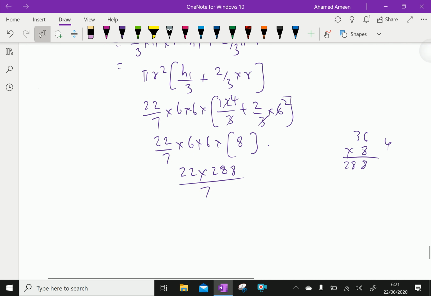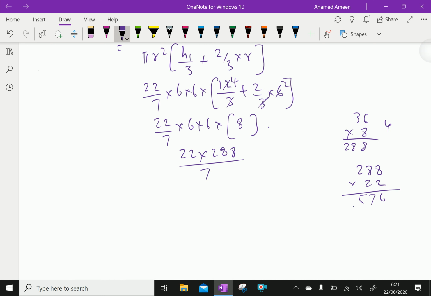Now 288 into 22: 8 2s are 16, 1 carries, 8 2s are 16, 17, 1 carries, 2 2s are 4, 5, and so on, giving 6336 divided by 7.